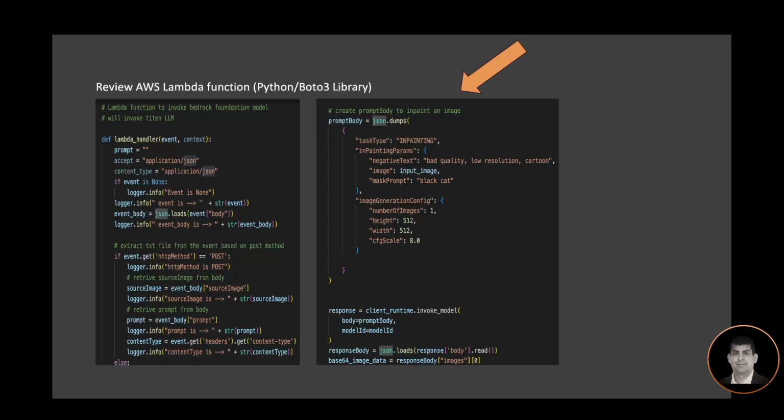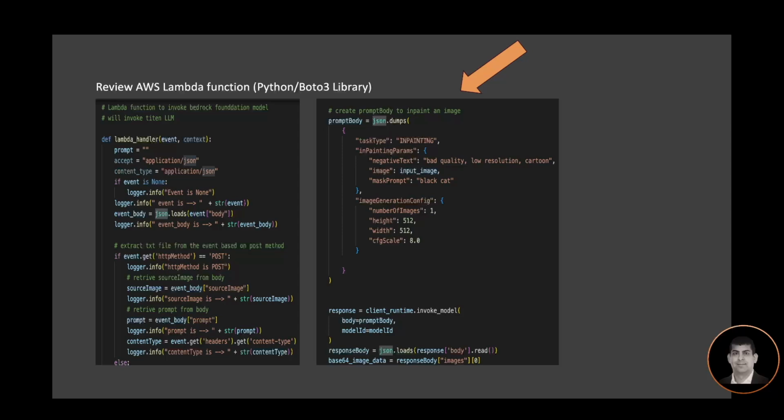Let's look at our Lambda function code here. So we've got our handler. There are some standard best practices, logger and try-catch block. I'm also checking whether my REST API is getting invoked using the POST method. If it is not a POST method, then I'm providing the message back without doing any further processing.